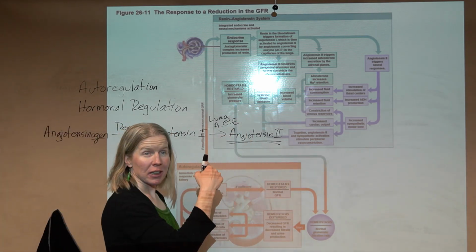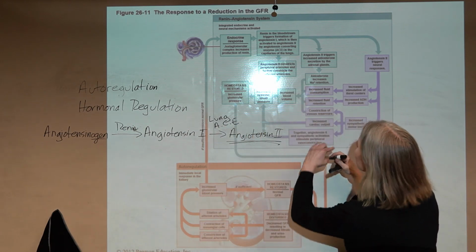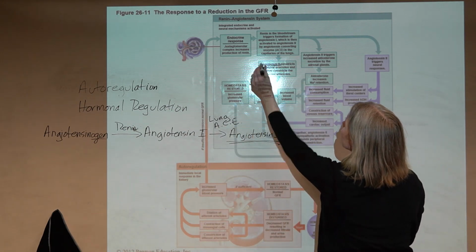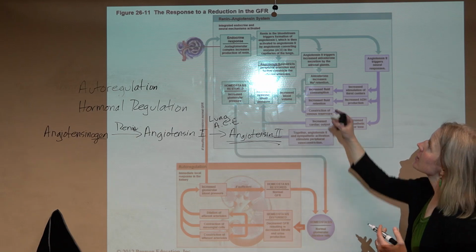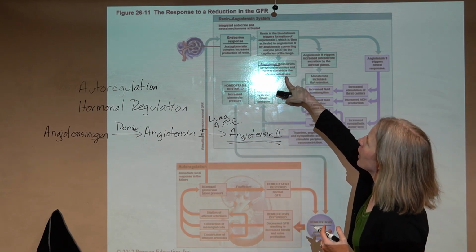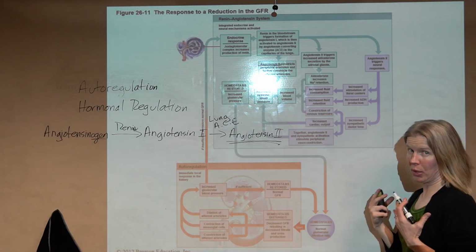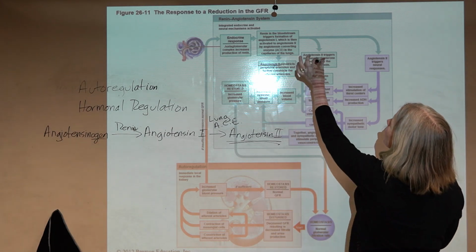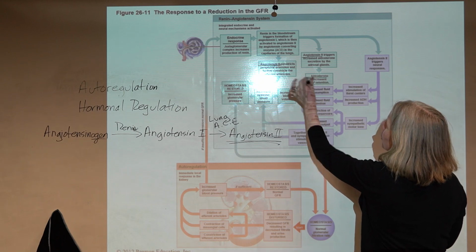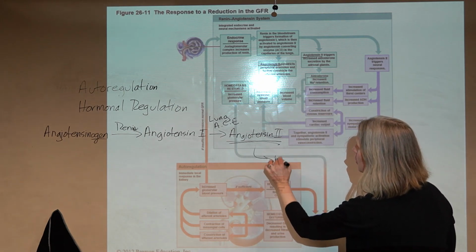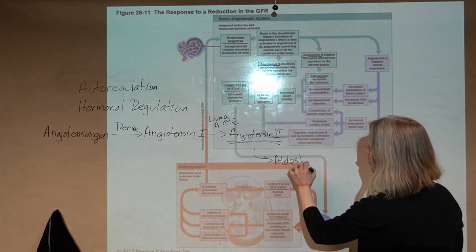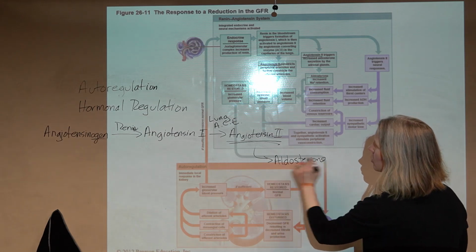Now, what I really like in this image is notice this, right? Angiotensin 2 causes constriction of the efferent arterioles, upping blood pressure in the glomerulus. Angiotensin 2 triggers aldosterone. So maybe we can put all of these on here.